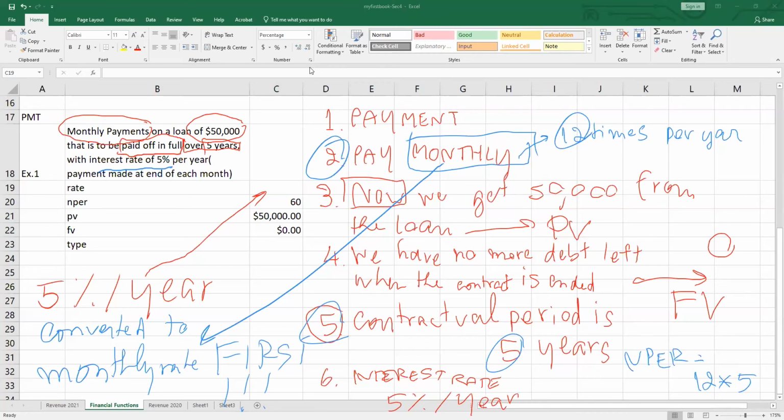That's right, because if it's 5% per year, when you want to convert to rate per month, the percentage must be lesser than 5%, so you divide it by the number of months. Yeah, that's correct. You divide it by 12, so it equals 5% divided by 12.